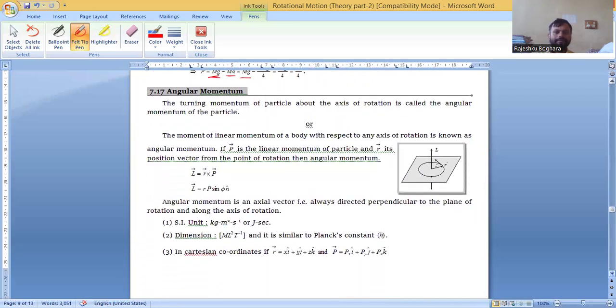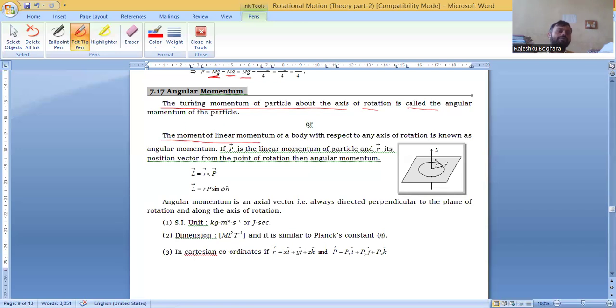एंगुलर मोमेंटम, जितनी भी एंगुलर क्वांटिटी है उसमें रोटेशनल एक्सिस के परपेंडिकुलर डिस्टेंस आएगा. तो यहाँ पर the turning moment of a particle about the axis of rotation is called angular momentum of particle. Means the moment of linear momentum.